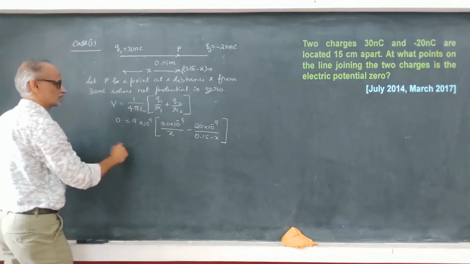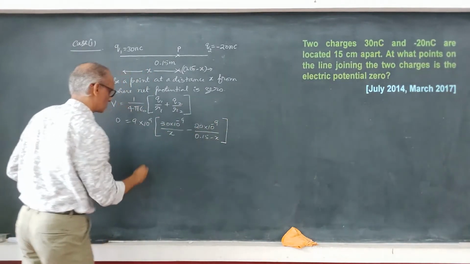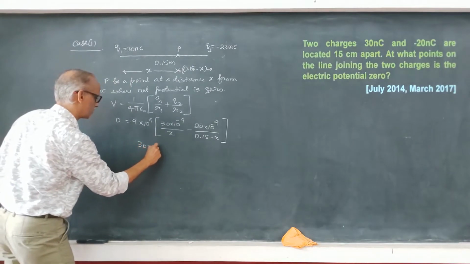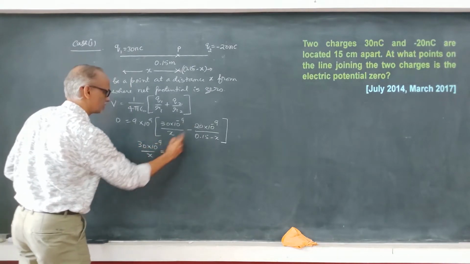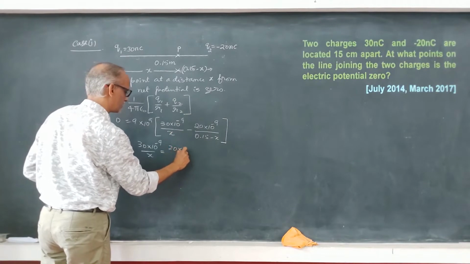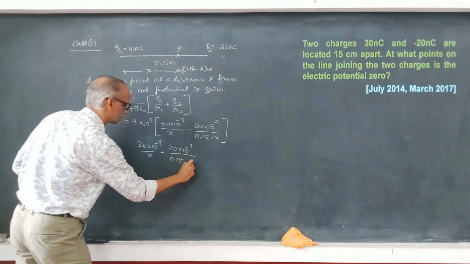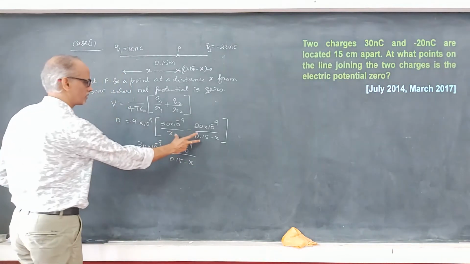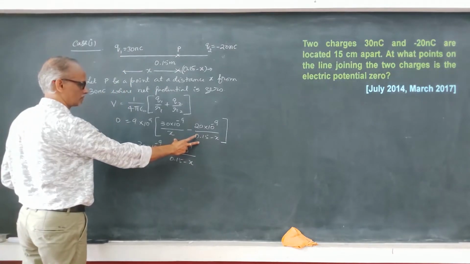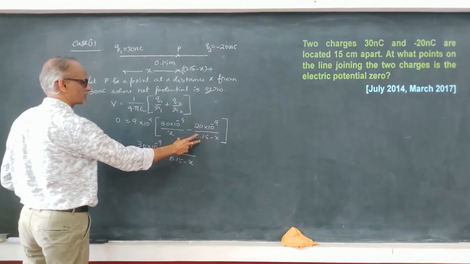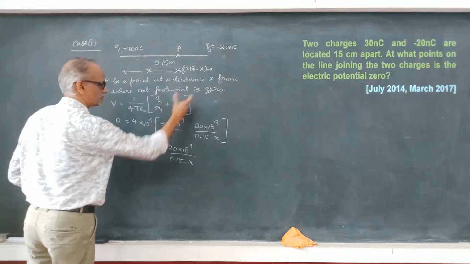So when this is equated to 0, this term has to be 0. So we can write 30 into 10 to the power minus 9 by x is equal to 20 into 10 to the power minus 9 by 0.15 minus x. So this is equal to 0, and when it is equated to 0, we can write this term on the other side.